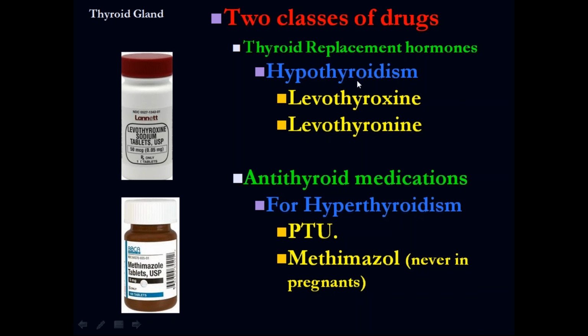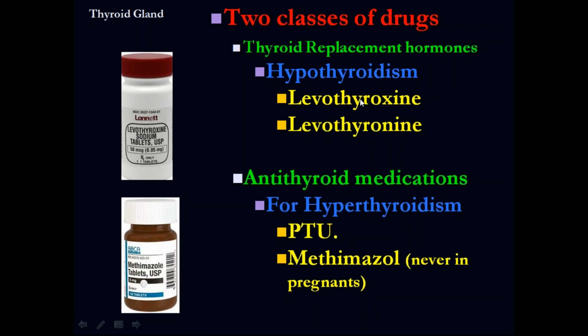Before, they were giving the natural form, which is more difficult to monitor. Now we have levothyroxine, which has been used for many years, once a day. Liothyronine is the T3.